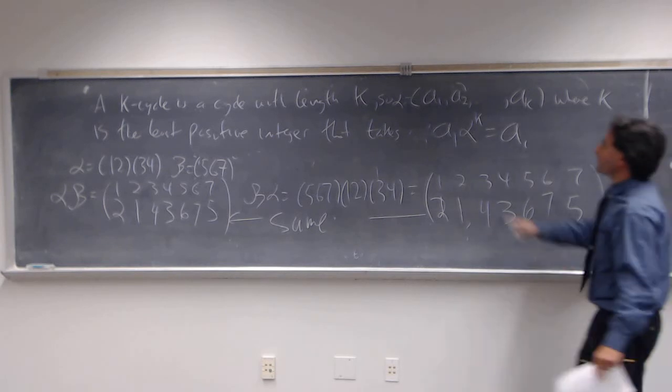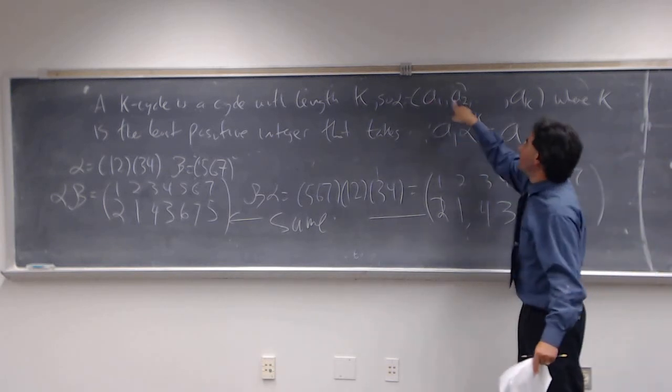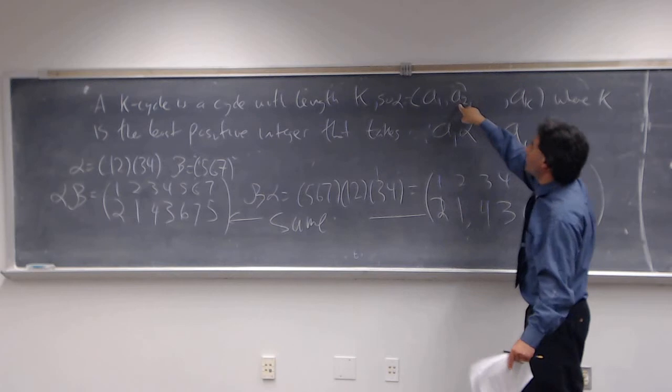And just intuitively, if it's K steps to come back here, it would be K steps for a2 to come back to a2, etc.